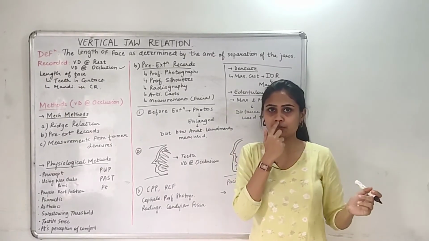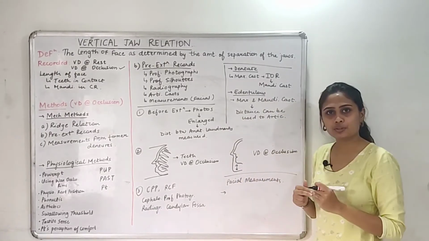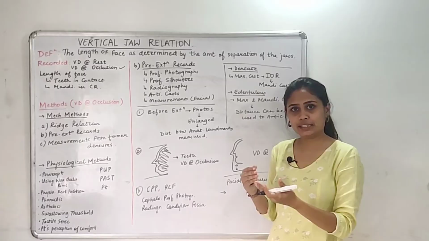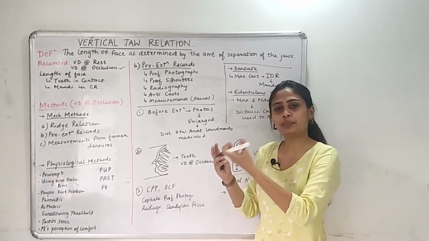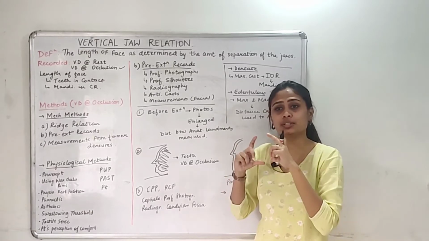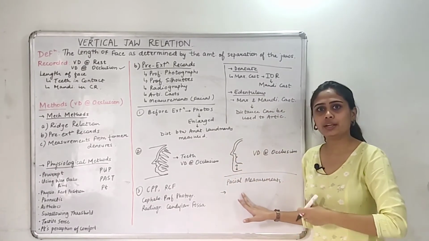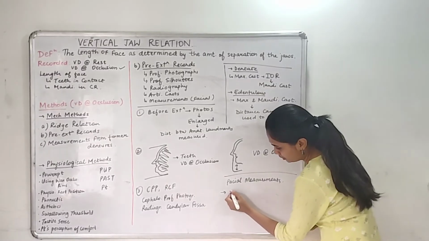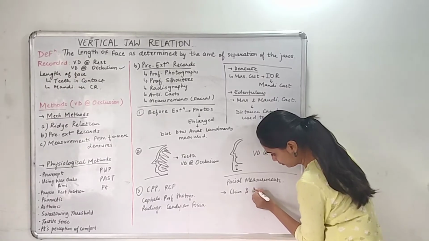This is my base of the nose and this is the tip of the chin or the center of the chin. So we can measure those points when the patient has teeth or has a complete vertical occlusion, and after the teeth have been extracted, we can use that same length to be reciprocated in our edentulous cases. So here also we have the tip of the chin and the base of the nose.